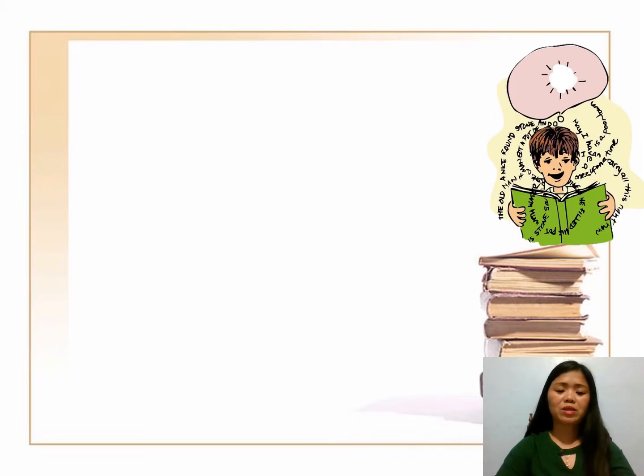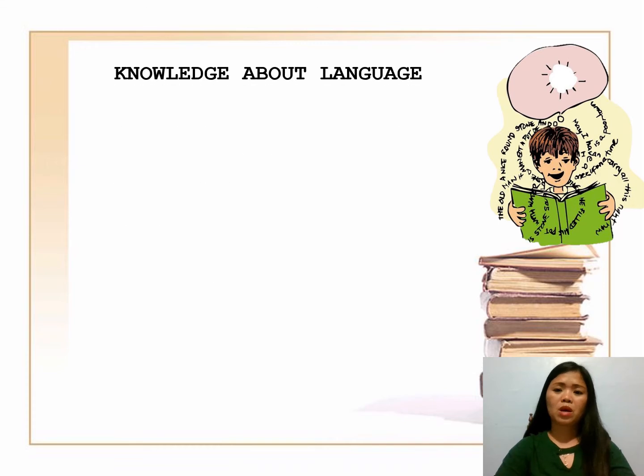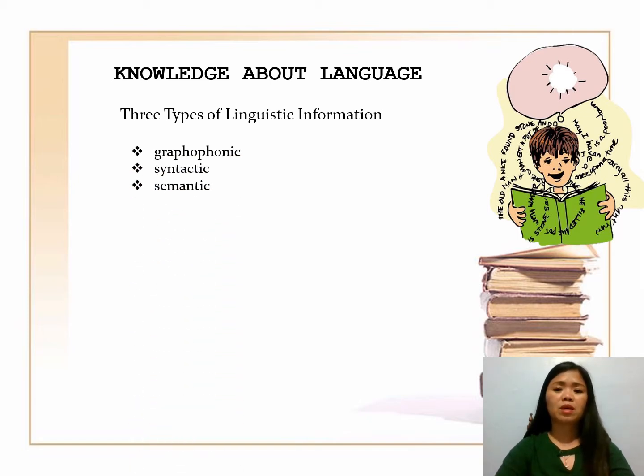Okay, now let's go to the knowledge about language. So in Module 3, you examined three types of linguistic information or knowledge. These are graphophonic, syntactic, and semantic.